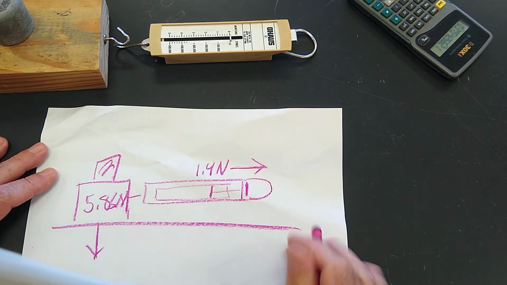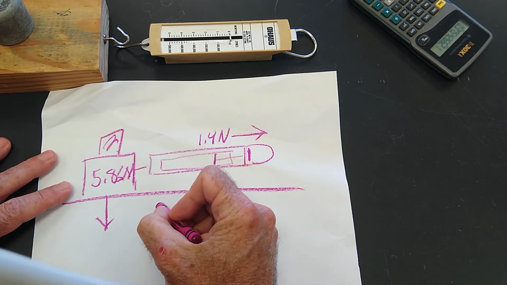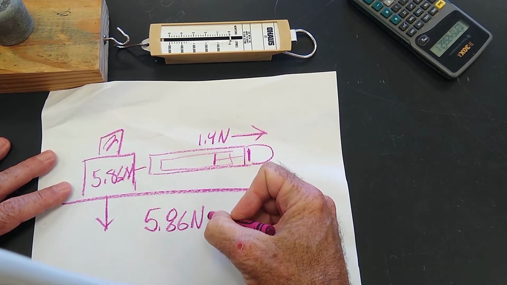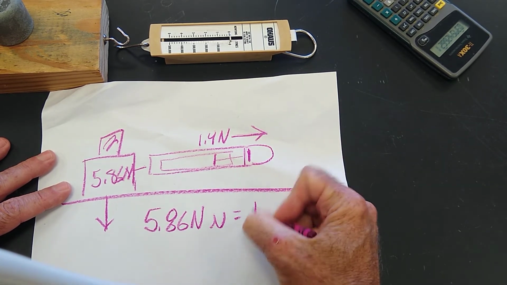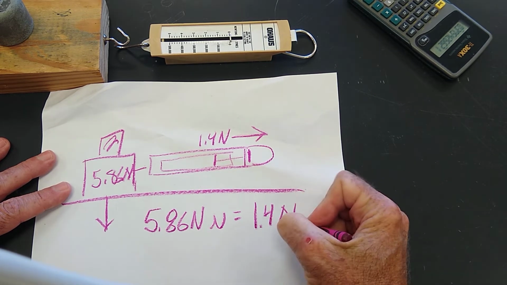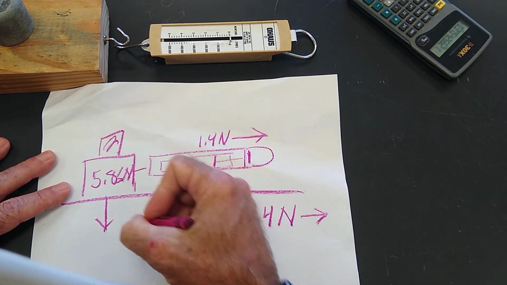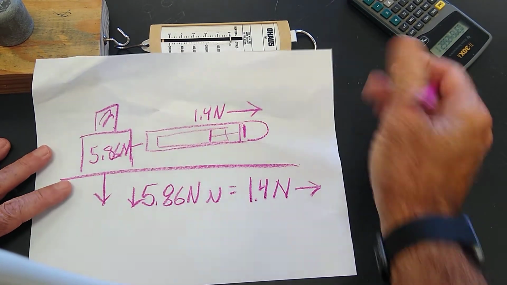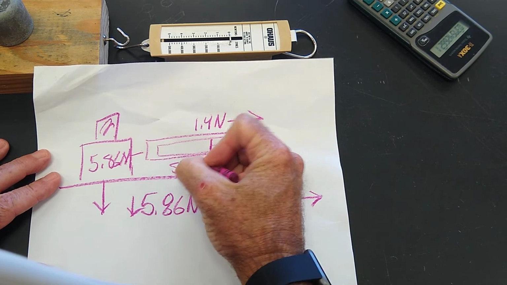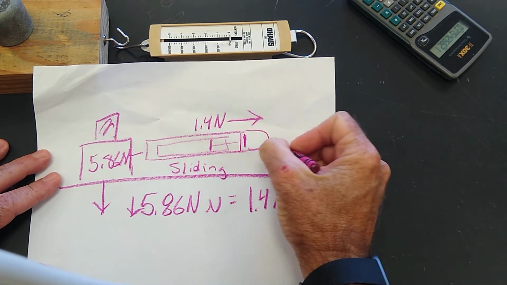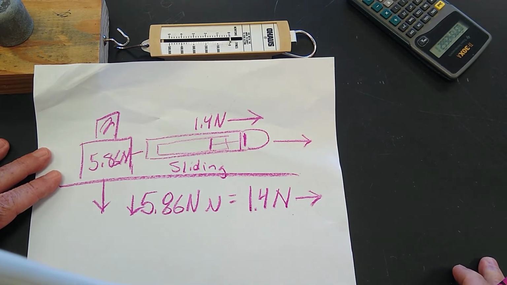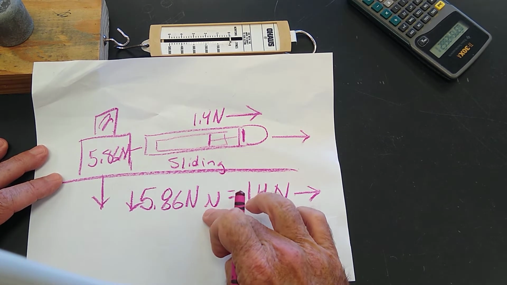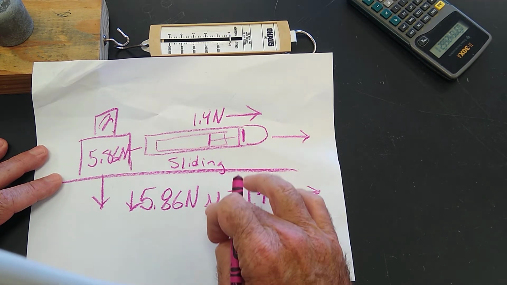So what was the mu? Well, we could say the weight, 5.86 newtons, times the mu is equal to the amount of force necessary to move the object sideways. Does that make sense? This is the coefficient of sliding friction because the object was sliding, and we're going to get a little lower number this time. So I want you at home to solve for the sliding friction.